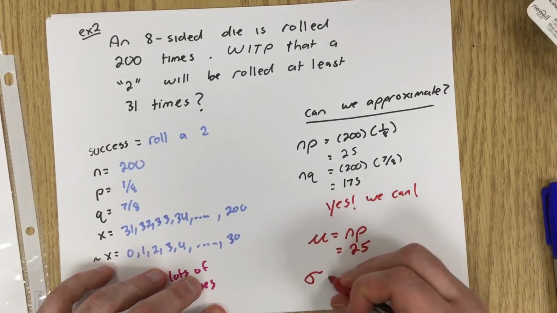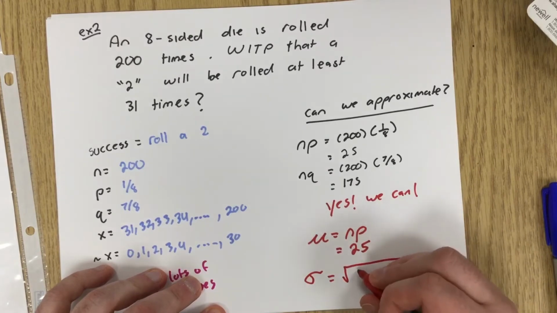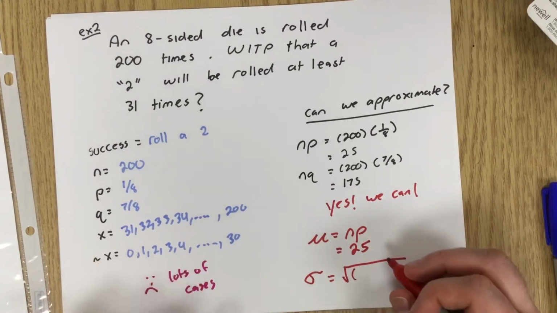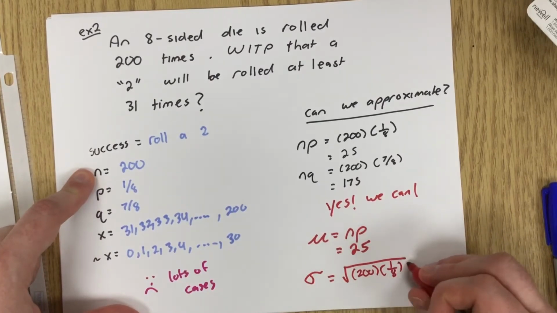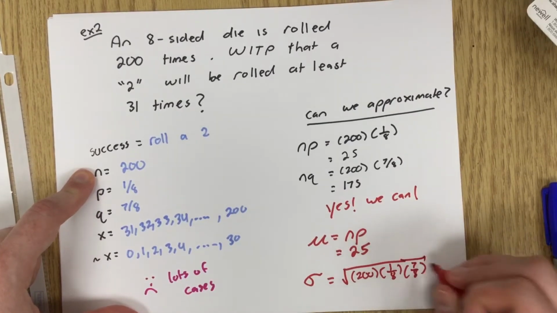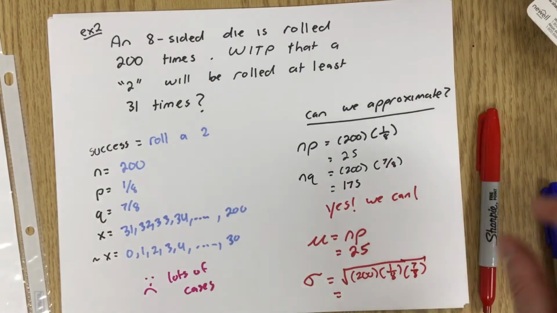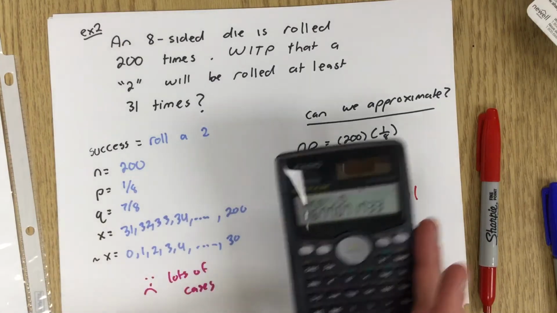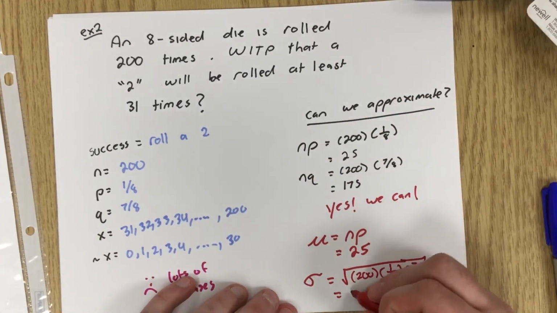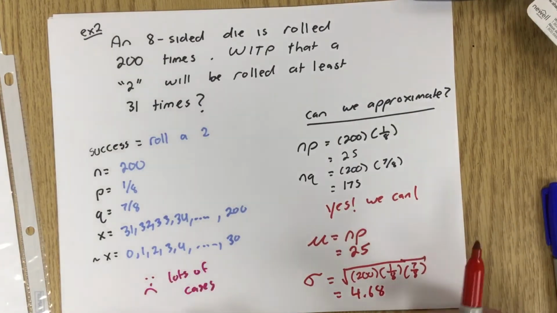And the standard deviation is going to be the square root of npq, which is 200 times 1 over 8 times 7 over 8, which is, I got 4.677, so 4.68.